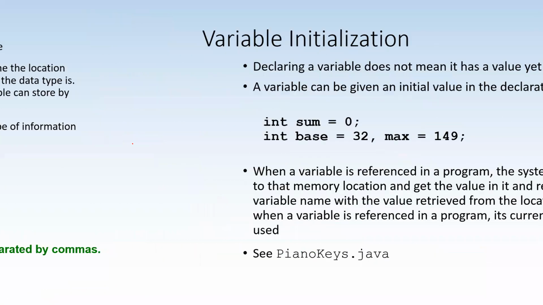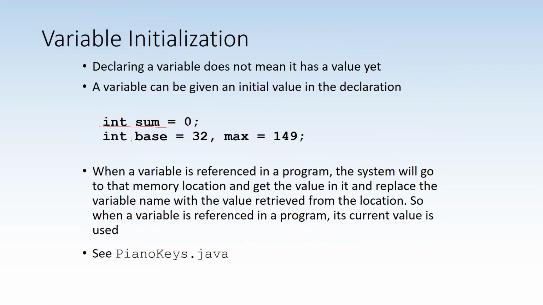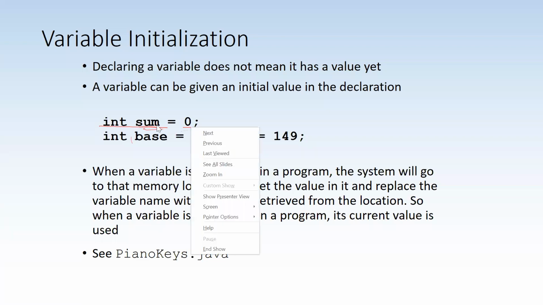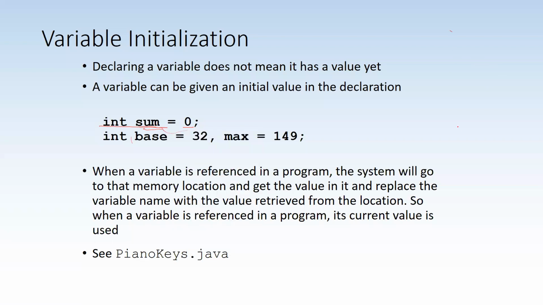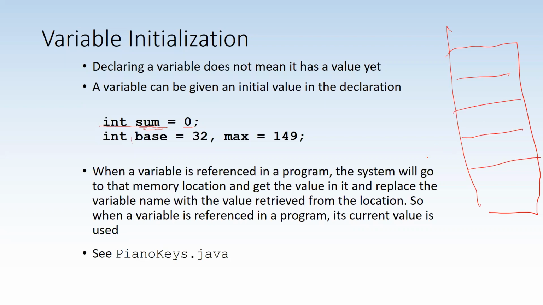So this is called variable declaration with initialization. What it means is you're declaring a variable named sum and you're putting a value 0 into it. So now in memory, somewhere you have a location that's named sum, and you say, okay, make it 0.